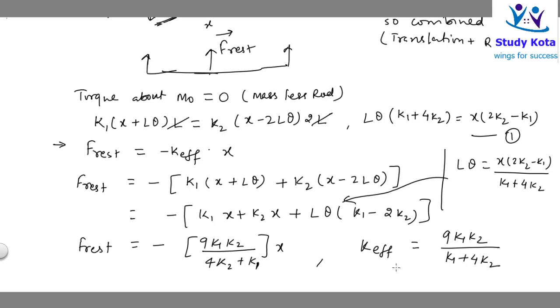Our aim was to calculate k effective. Now we can write the expression for the time period of the bead.